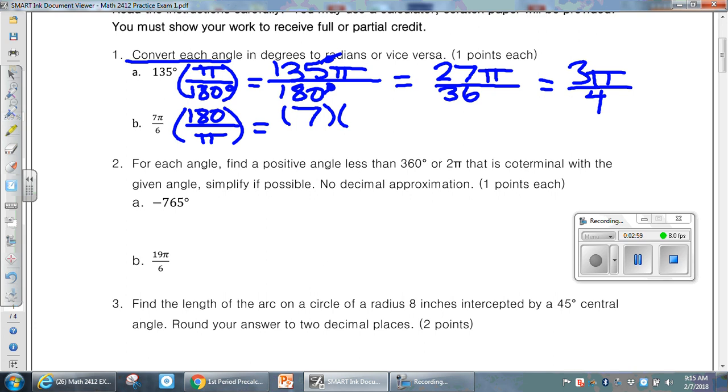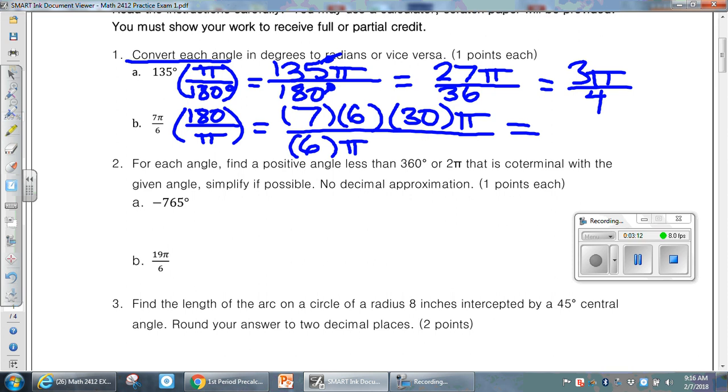Yeah, 6 and 30. So I'm going to factor the 180 instead. And then on the bottom, I'm going to have 6 and then pi. Oh, and I'm missing pi on top here. So then we cancel the 6 and pi, and then 7 times 30, that will be 210 degrees.